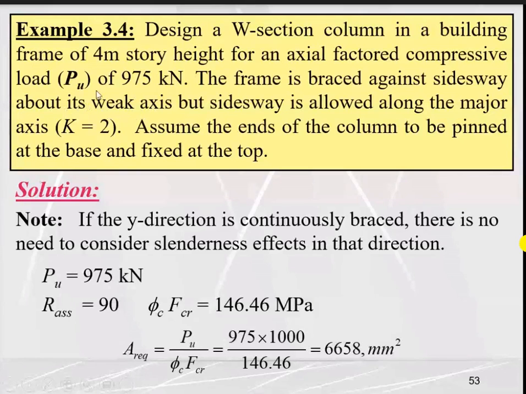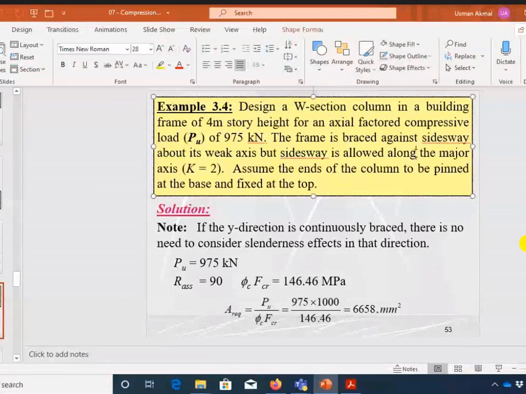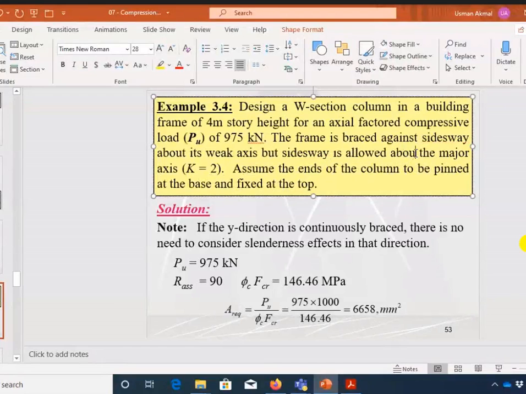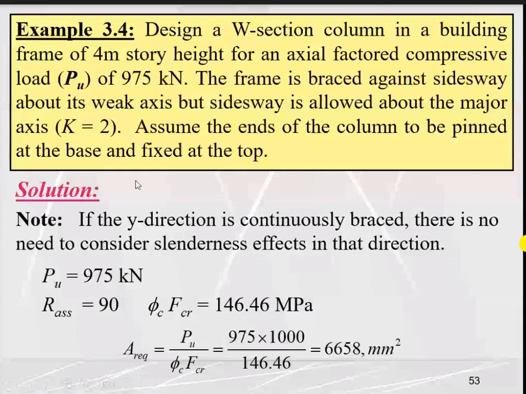Weak axis means y axis. But side sway is permitted or allowed along the major axis. I will change this word along to about. About is more appropriate. So side sway is allowed about the x-axis and side sway is not allowed about the y-axis.